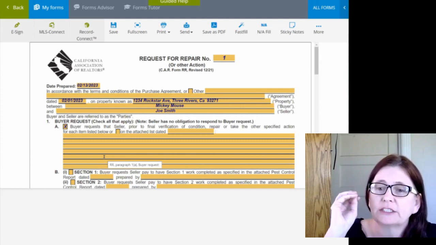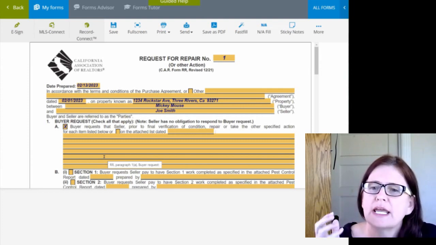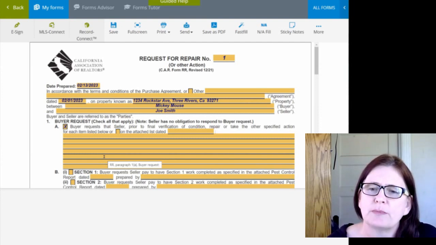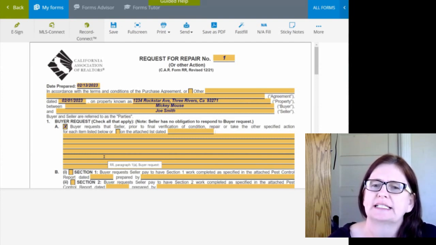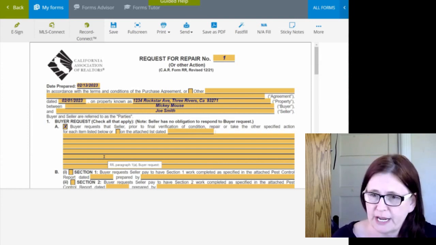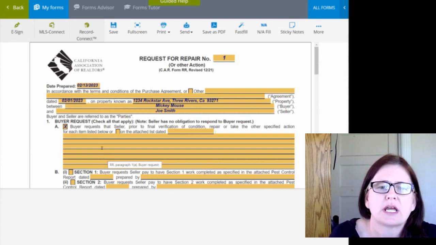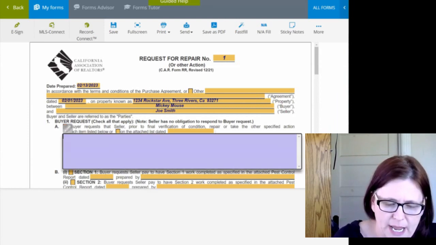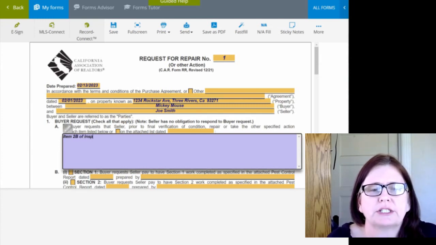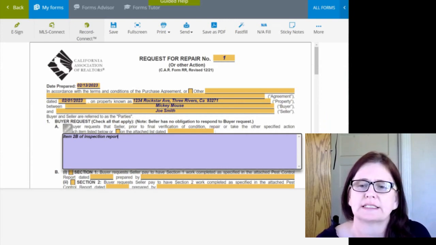So let's say there's a broken window in the kitchen, and when we got our inspection report, that was listed as item 2B on page 3 of the inspection report. So here I'm going to write item 2B of inspection report. Depending on how many things I'm writing, I might not write this on all of them.